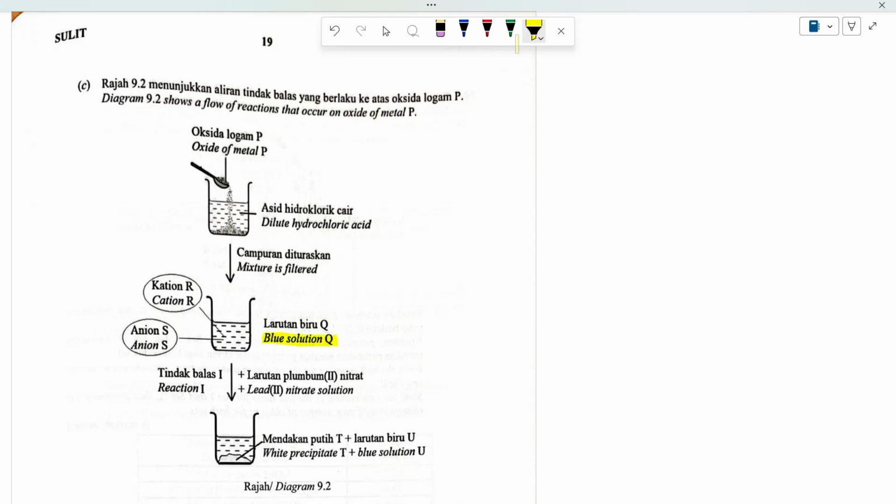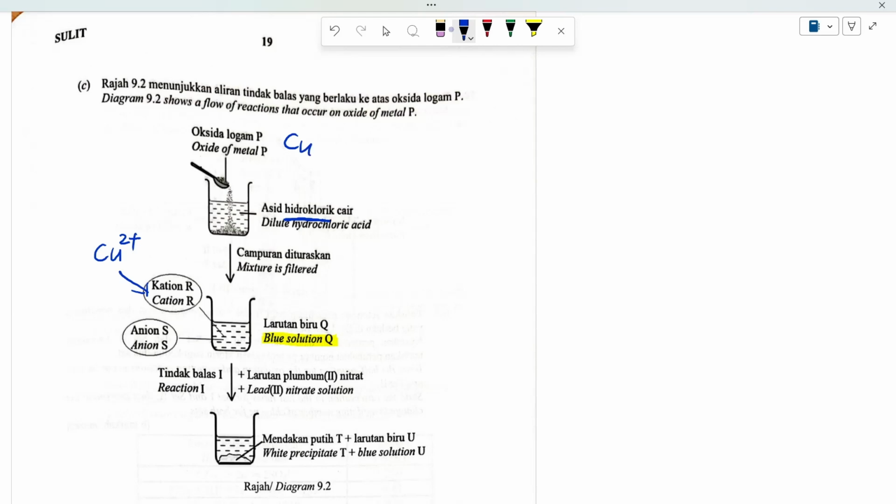So class, if we see the blue solution, what is the ion that is present? Copper 2 ions, right? But we don't know what S is. But if it reacts with the hydrochloric acid, basically we will know this one. What is the oxide here?